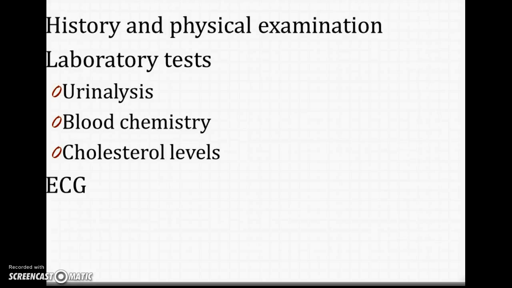The serum potassium level on blood chemistry: a level less than 3.5 milliequivalents per liter may indicate adrenal dysfunction, which is primary hyperaldosteronism. BUN and creatinine levels are also included in blood chemistry; a level elevated to more than 1.5 milligrams per deciliter suggests renal disease. And another test that can help us detect cardiovascular damage is an ECG. All right.